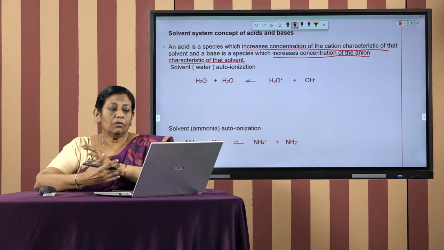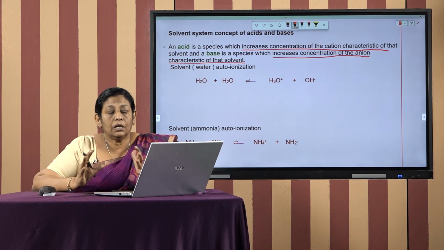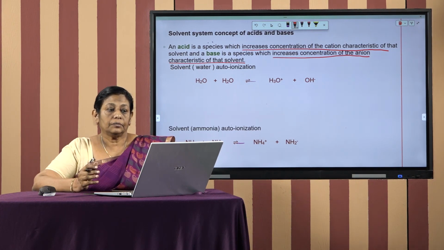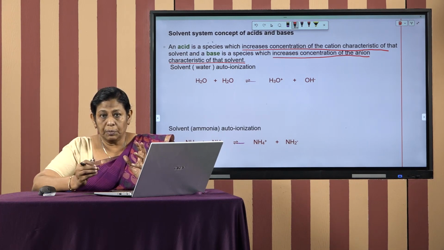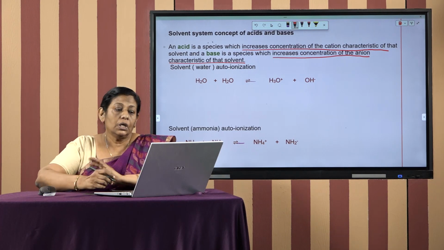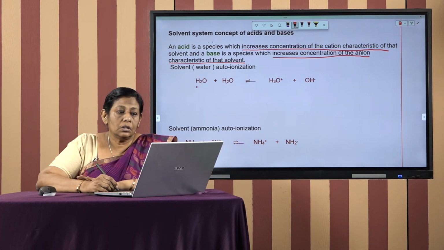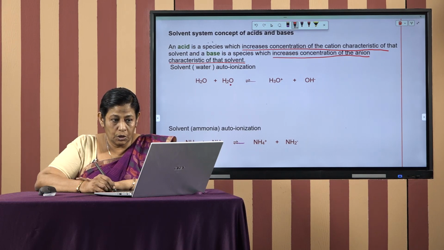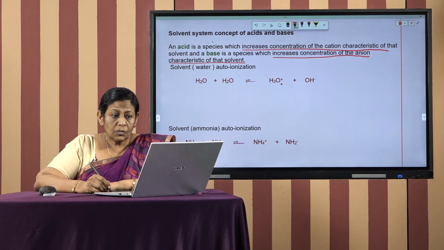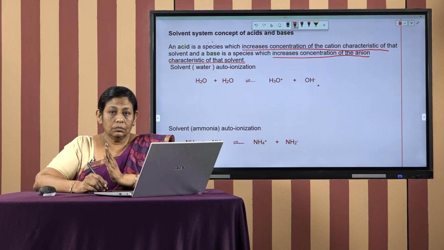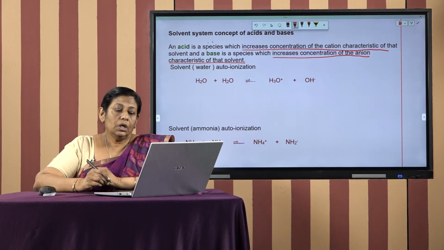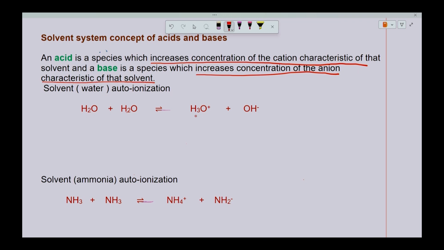Now, let us see. We usually consider the solvent as water, because most of the solutions are prepared in water. So, we have aqueous solutions, and let us see what is the auto ionization of water. A water molecule combines with another water molecule to form H3O plus ions and OH minus ions. So, this is the auto ionization of water, in which we have H3O plus. What is that?